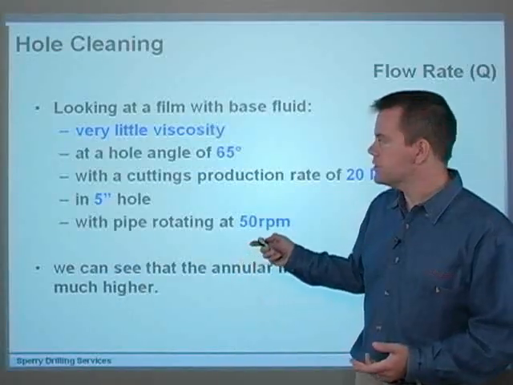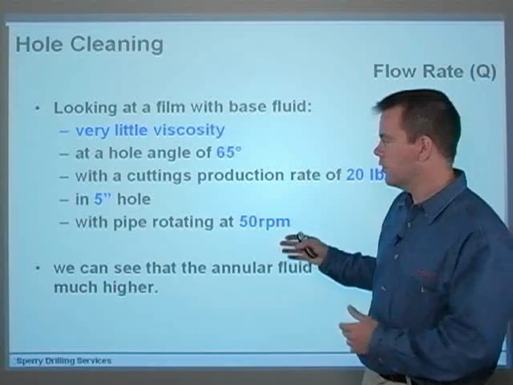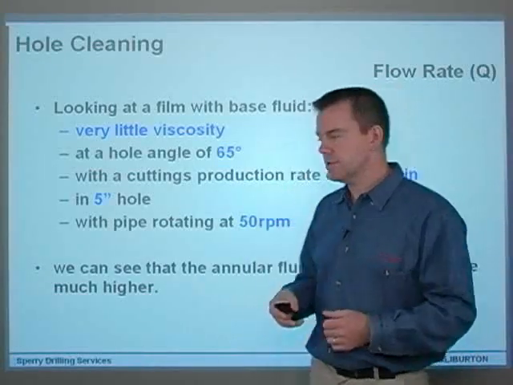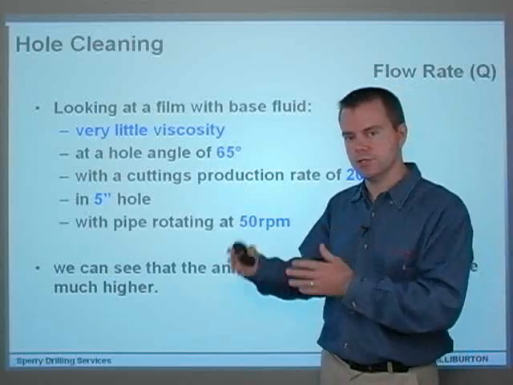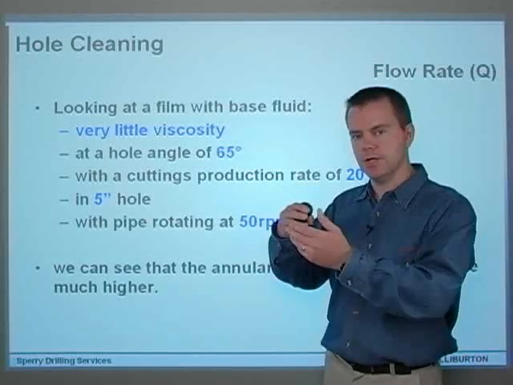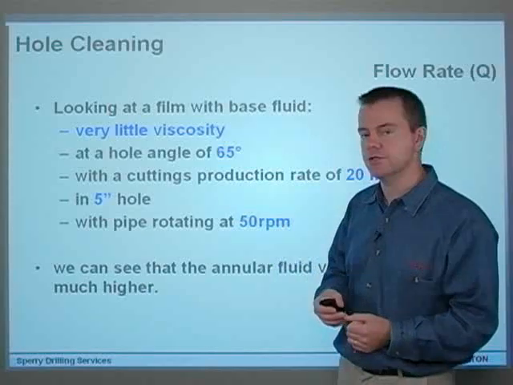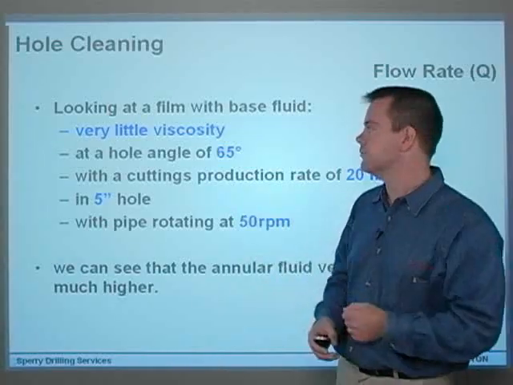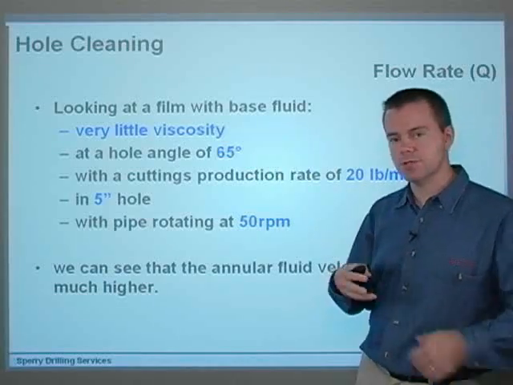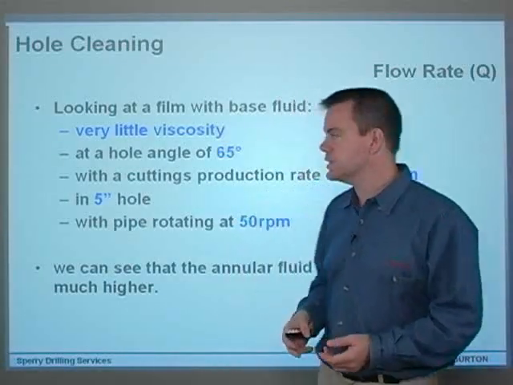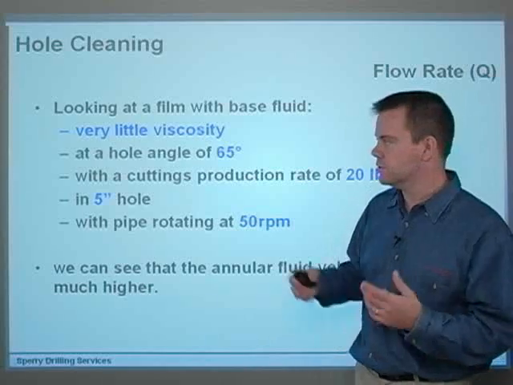Now we'll look at a film of cuttings being pumped, being moved up the wellbore, and we'll attempt to see the point at which we cross the critical velocity threshold, where we stop beds being formed. We'll be looking at it with a base fluid, because the base fluid is a lot clearer and it's a lot easier to see cuttings in than a mud, which is pretty opaque.